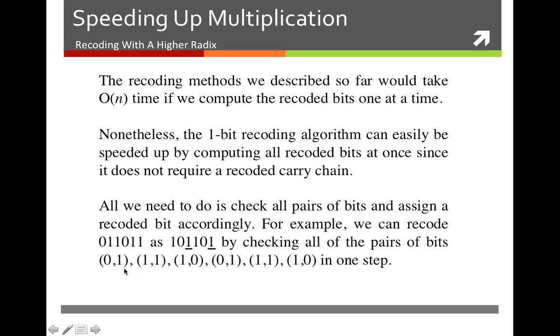And so that gives us 0, 1, 1, 1, and then 1, 0, and then 0, 1, and then 1, 1, and then there's an incoming recoding bit of 0. That's where the 1, 0 comes from.